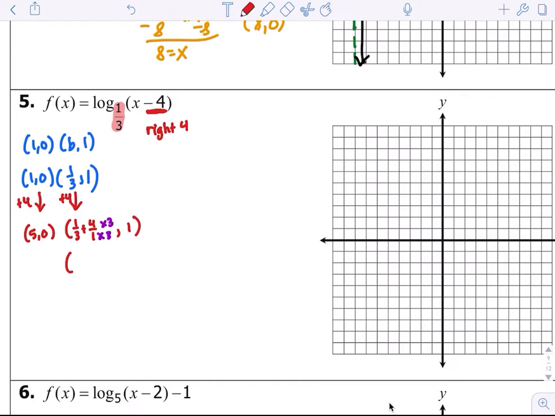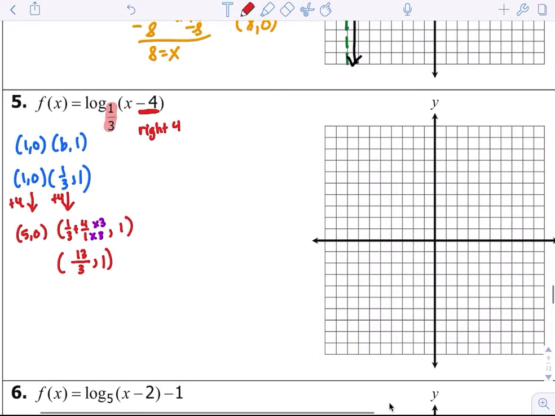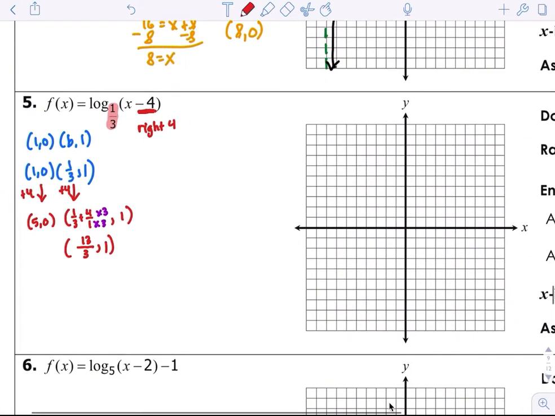It's all going to be under 3, and 4 times 3 is 12. 12 plus 1 is 13. 13 over 3, 1. So 1, 2, 3, 4, 5, there's 5, 0. 13 over 3, 1 is about 4.3. So 1, 2, 3, 4, 4.3, 1. So something like that.